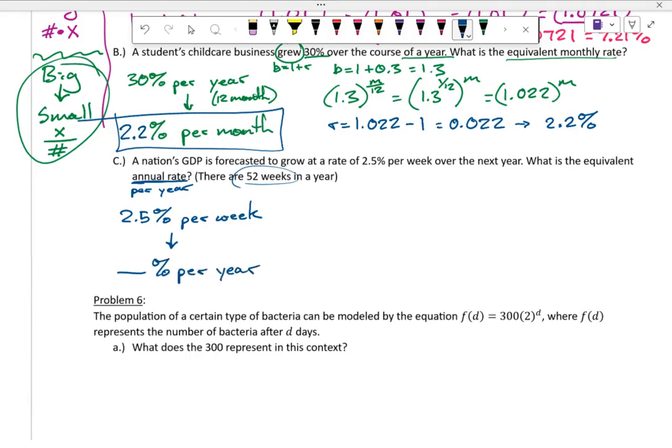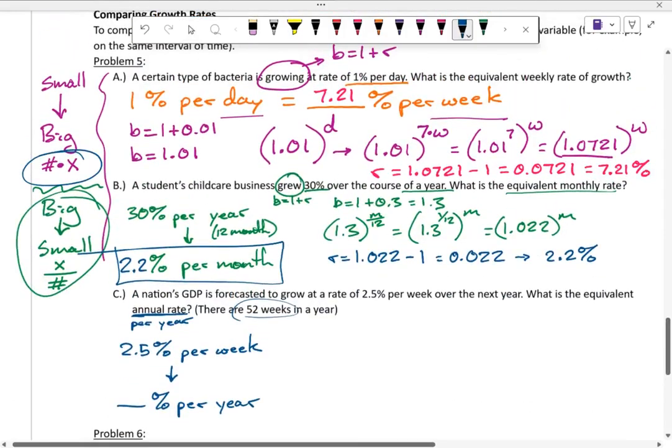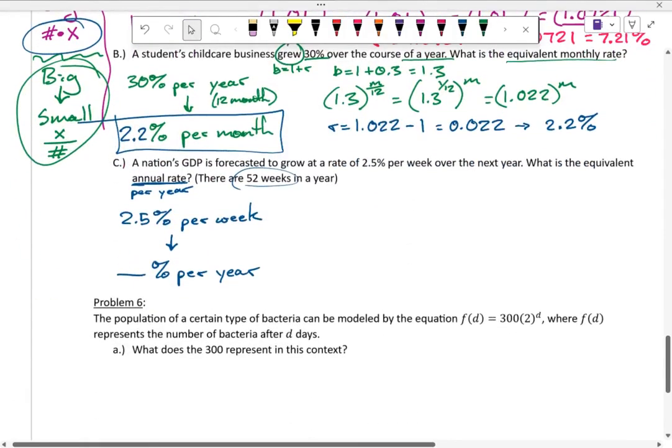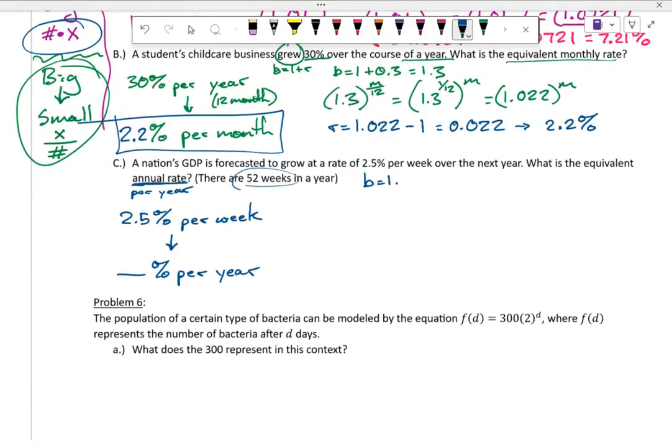So we are going from small to big, so that's going to be our multiplying like we did in part A. So 2.5%, so our b would be 1 plus 0.025, which would be 1.025. So we're going to take that 1.025 and raise it to the 52 times every year.